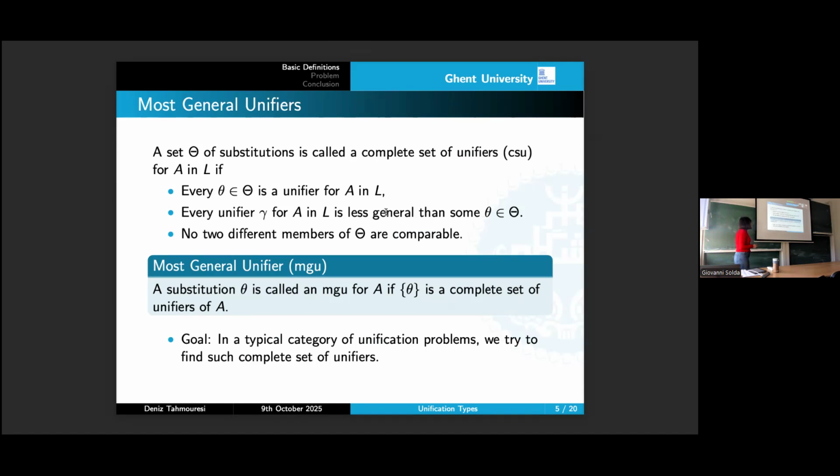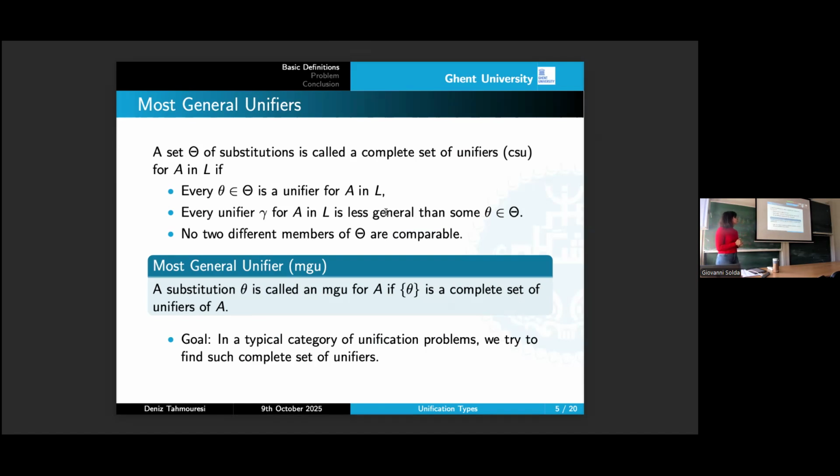As I said in the example and about algebra, we are looking for the set of all answers, which we call a complete set of unifiers for a formula.